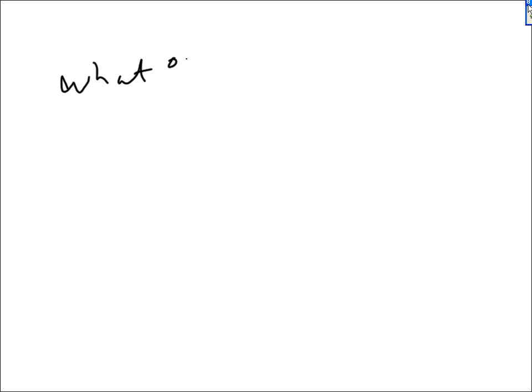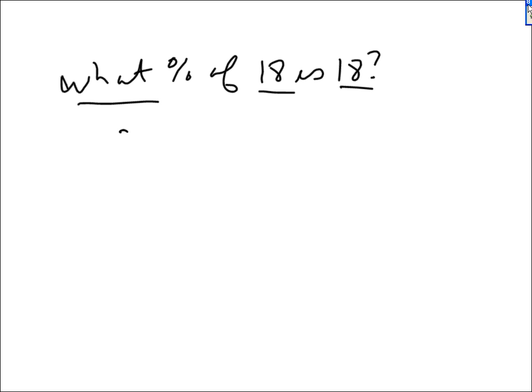How about what percent of 18 is 18? Well, you should know 100% of a number is itself. What percent of this number is that same number? 100%. If you insist you don't know that, here's what percent of 18 equals 18.